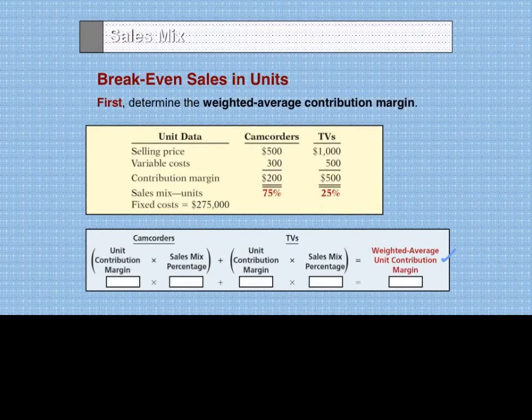For example, we take the contribution margin for camcorders, which is 200, and we multiply that by the percentage, 75%, plus the unit contribution margin for TV, which is 500, and we multiply that by its sales percentage, 0.25, and we come up with a weighted average contribution margin of $275.